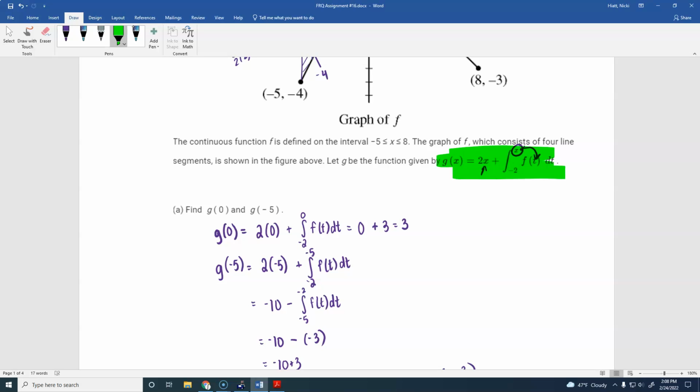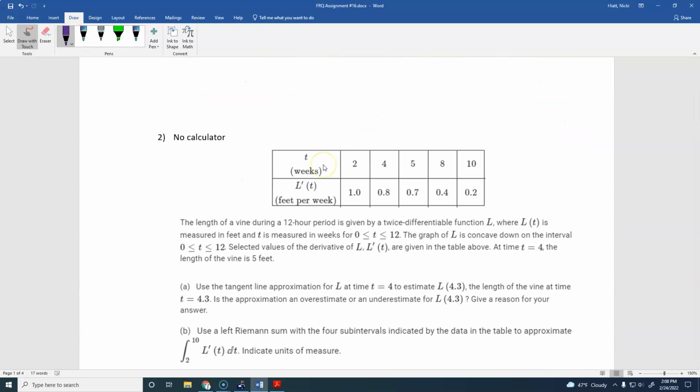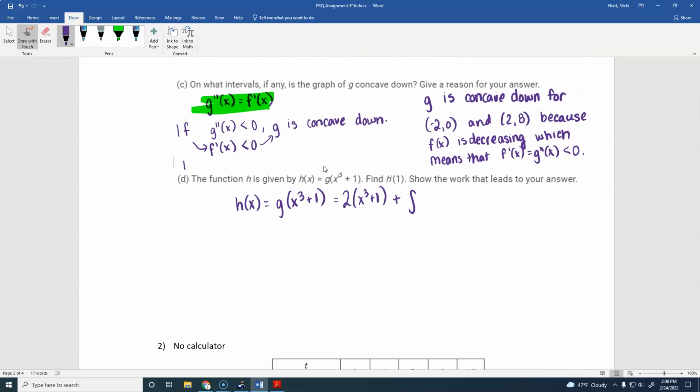So everywhere we see an x right here, we are going to replace that with x cubed plus 1. So it's the integral from -2 to x cubed plus 1. Over here you have a t, f of t, dt. Do not replace it with an x. That's your dummy variable that you're using there.